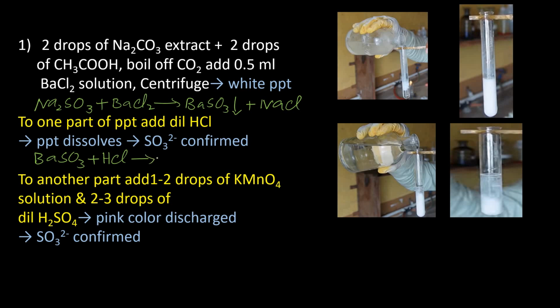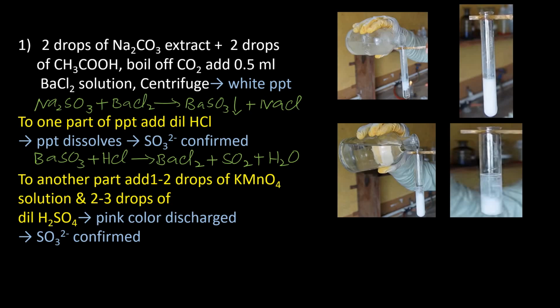Once again the same barium chloride will form. It will go to the solution, plus sulfurous acid, that means sulfur dioxide plus water. It is the same reaction, that is, a strong acid can release the weak acid from the salt. That means sulfurous acid is released, which will come out as sulfur dioxide and water.